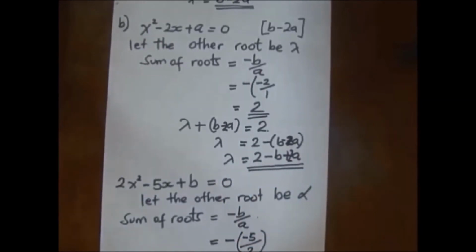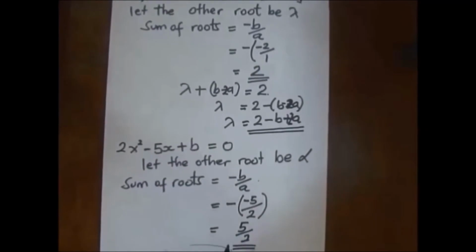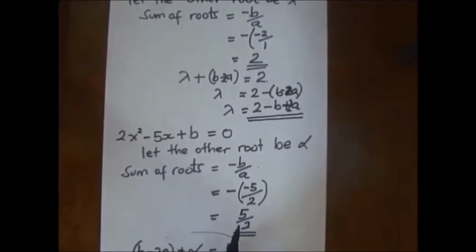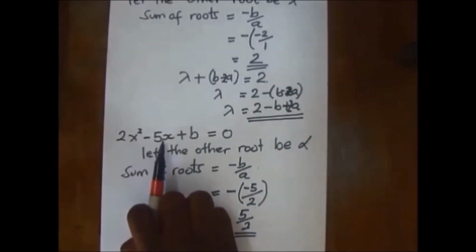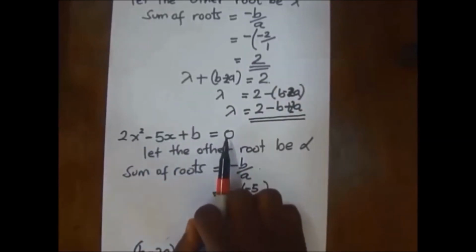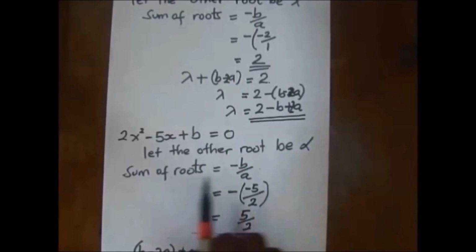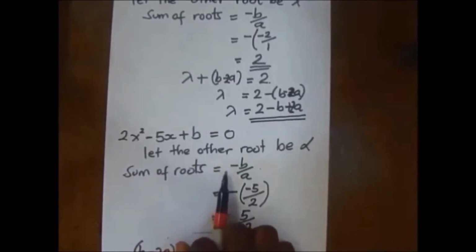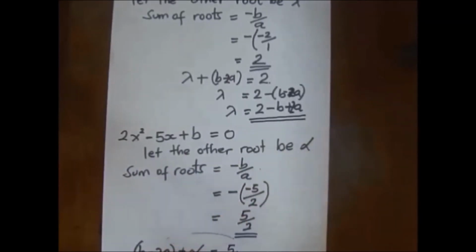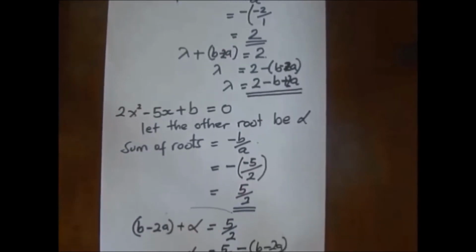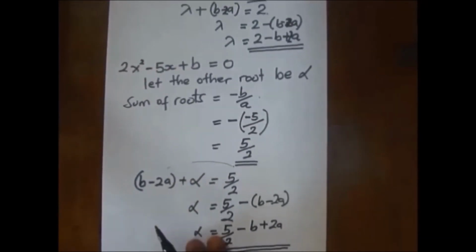Then looking at the second equation in our question, the equation now is 2x squared minus 5x plus b is equal to 0. So let the other root be alpha. We know that the sum of roots is equal to negative b over a. The sum of roots of a quadratic equation is always going to be equal to negative b over a.